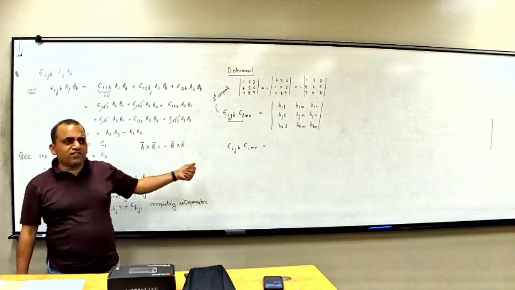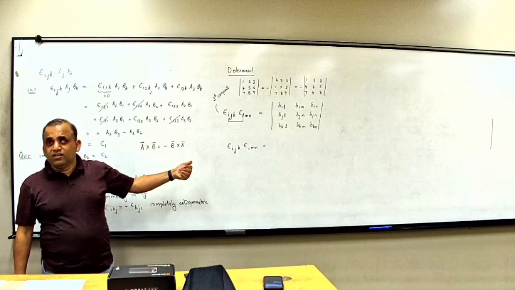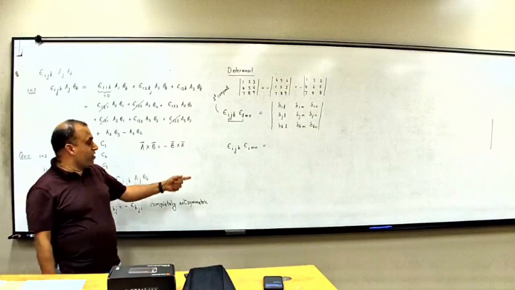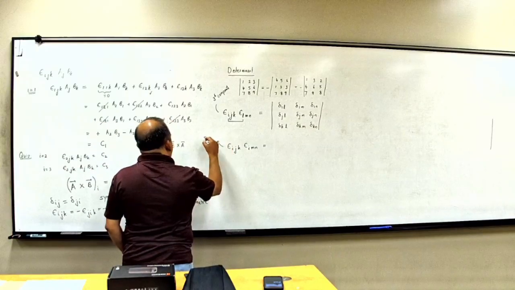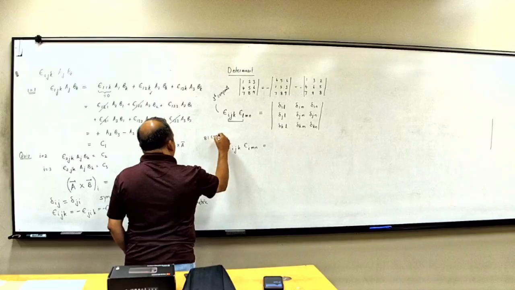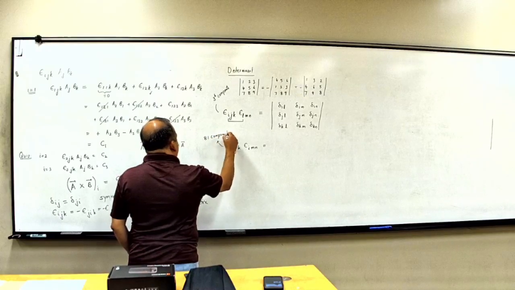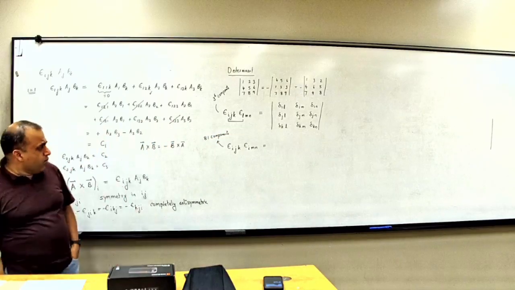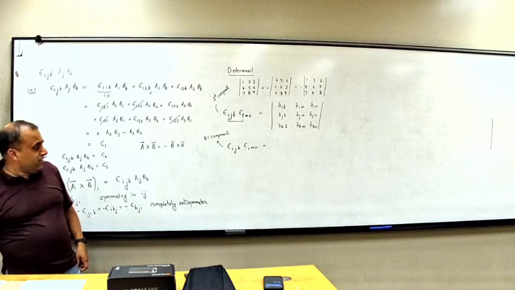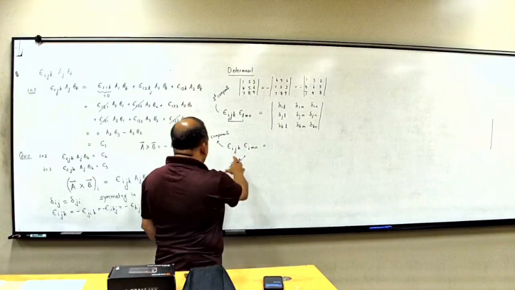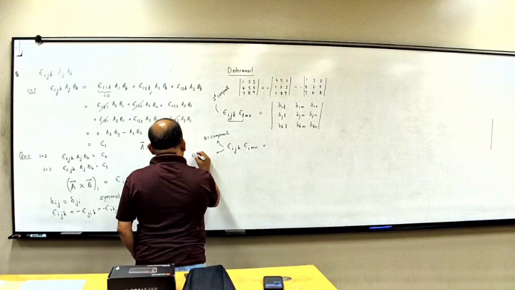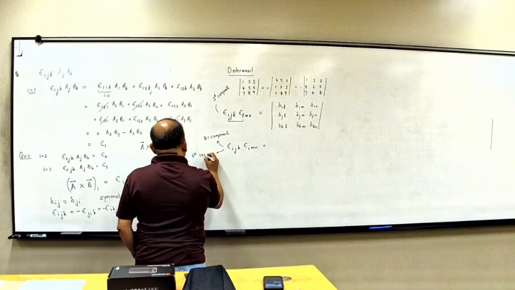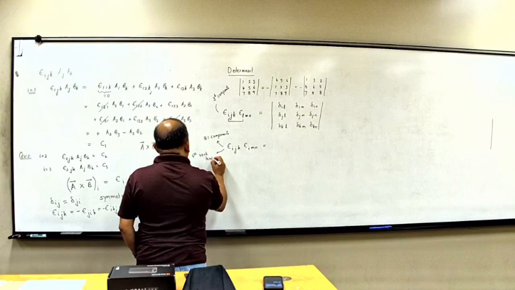How many free indices in it? 4 free indices. How many components will it have? 81 components, right? But more importantly, it is a fourth rank tensor. So maybe I should write that. So this is a 4th rank tensor.